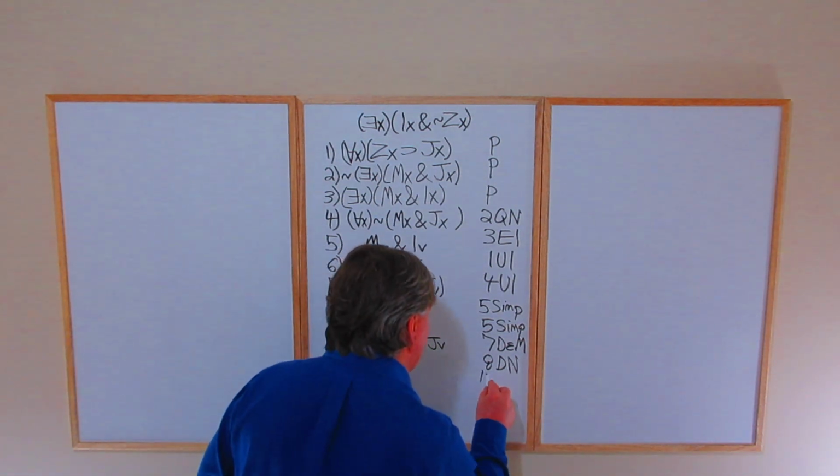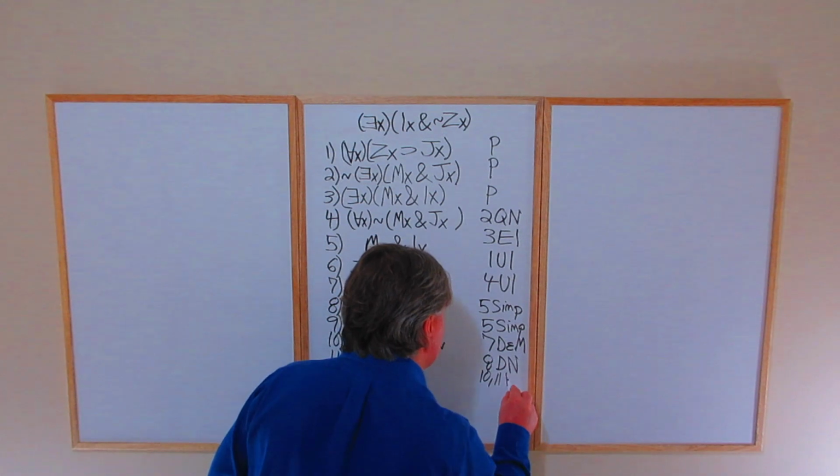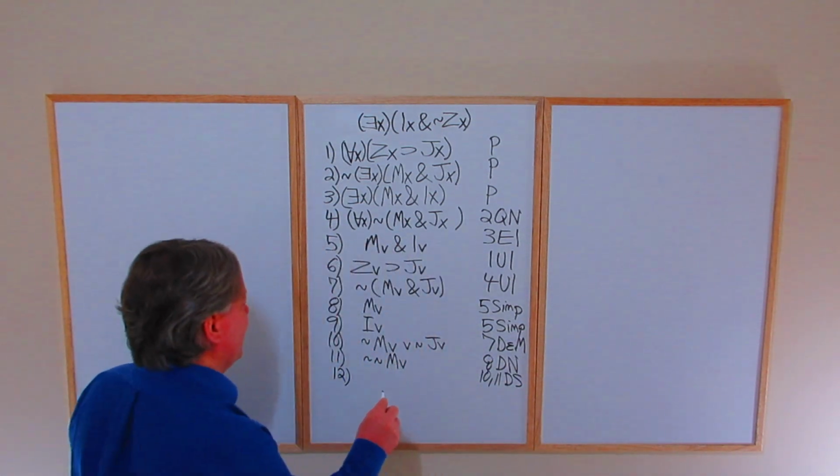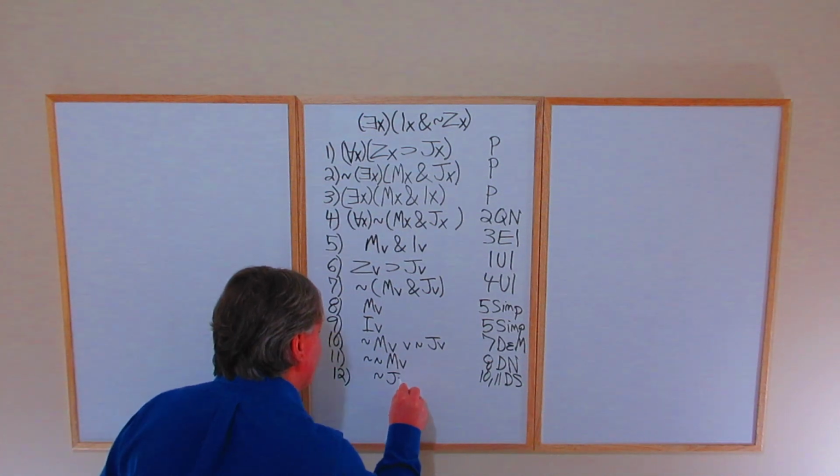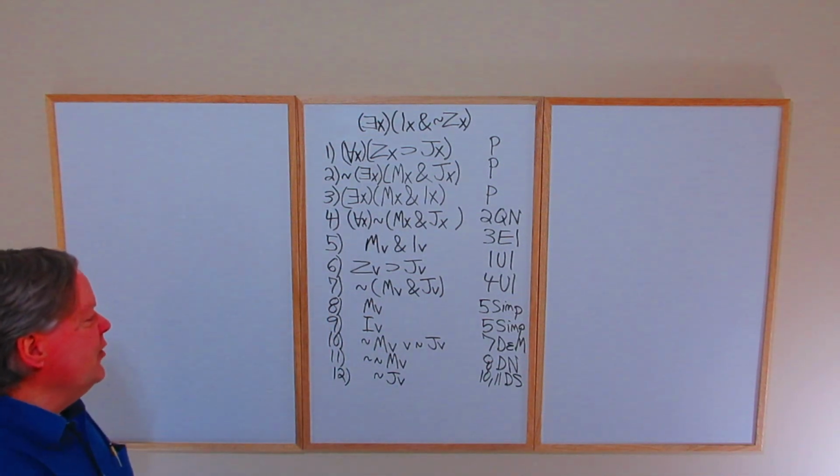So 10, 11, disjunctive syllogism. That'll give us tilde JV.